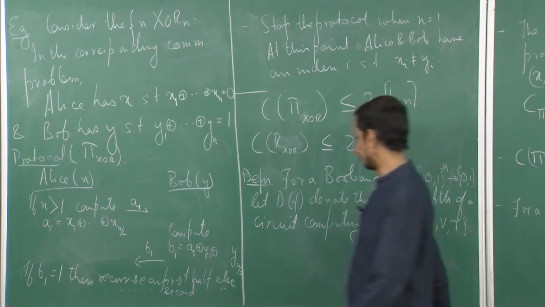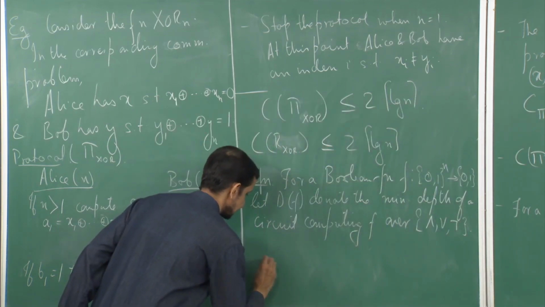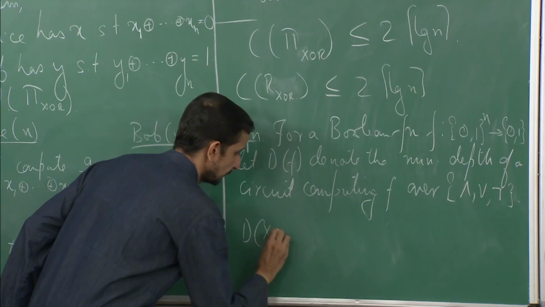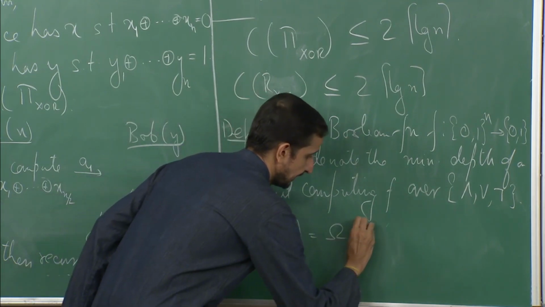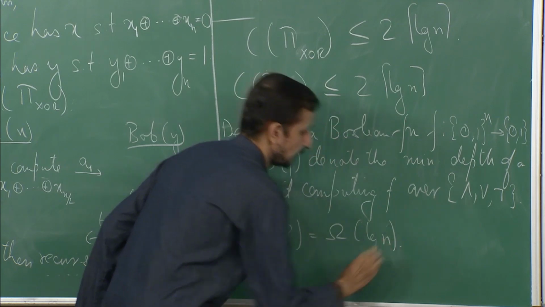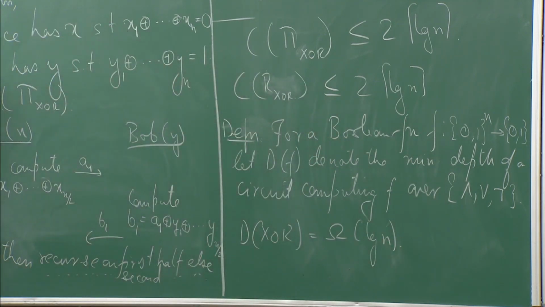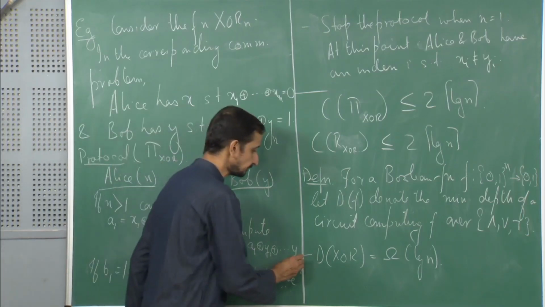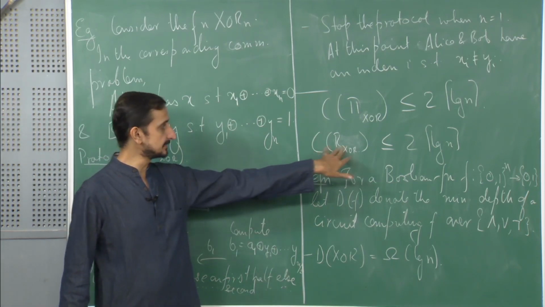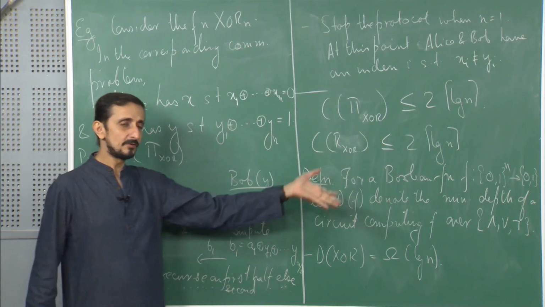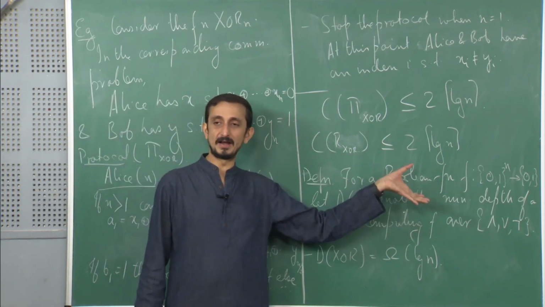So what we have is that D of XOR is at least log n by this argument. Now the communication complexity of XOR is also this, so we kind of have a connection in one direction.